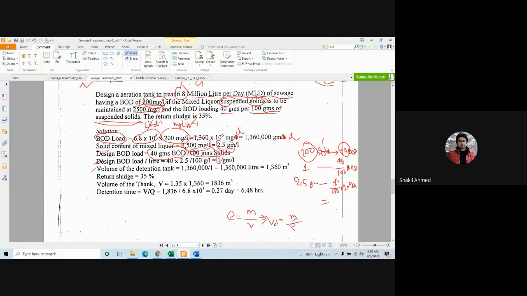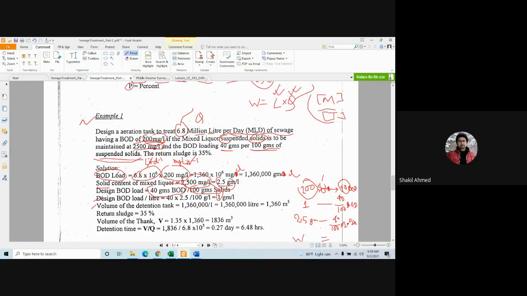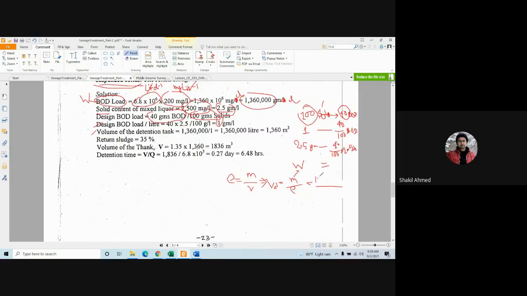This m is actually the weight W. What is the W, guys? We got it. BOD load W is this. Write it down: 1360123. What is the rho, guys? We just determined this: 1 gram per liter.